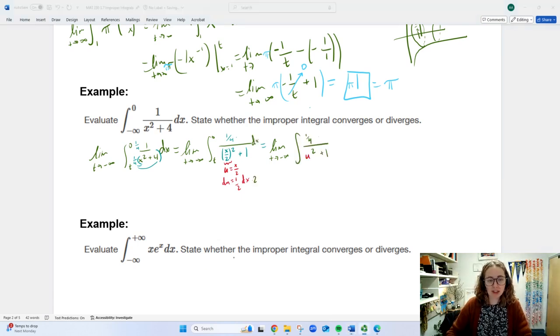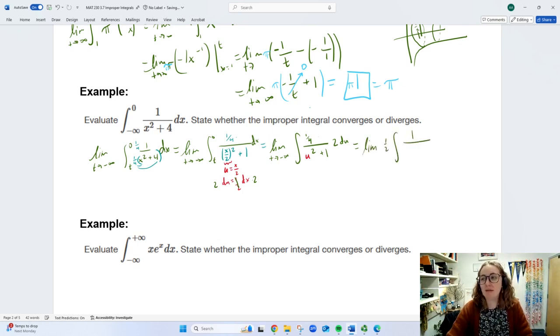To solve for that dx, I'm going to multiply both sides by 2, and that's what I substitute in over here. When I double my 1/4, I get a 1/2, and that's what I can bring out in front of my integral. And then the rest will just be my tangent inverse of u.